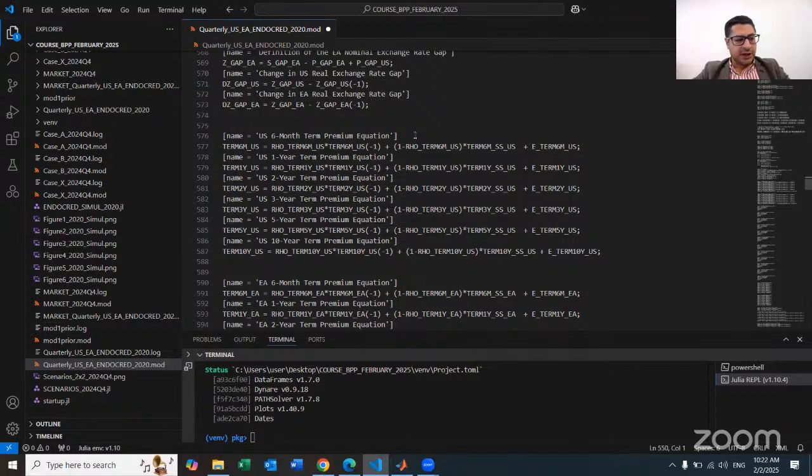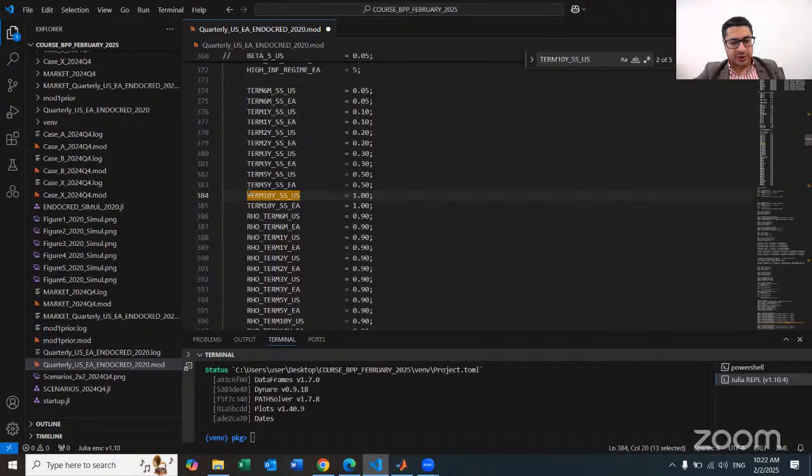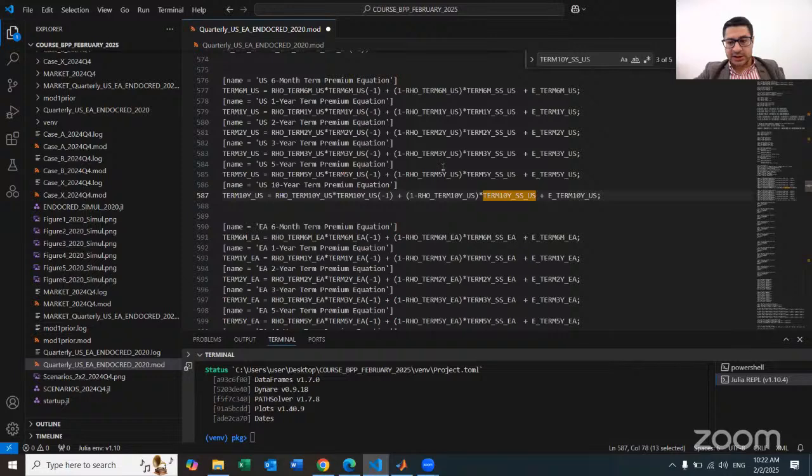And when we're looking at the historical developments of the US economy, we can think that the 10-year term premium is around 1%. So we took this value as a calibration for 10 years, and for 5 years it's half of that, like 0.5. We can search this and see that, for example, 10-year term premium in the steady long run is 1.